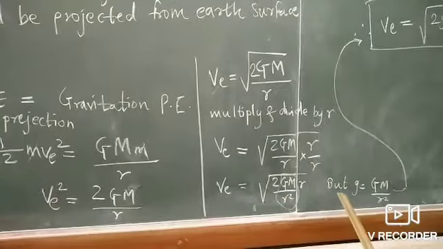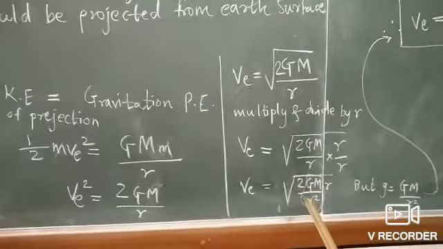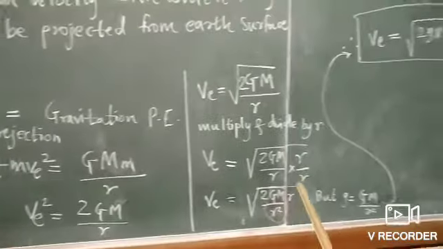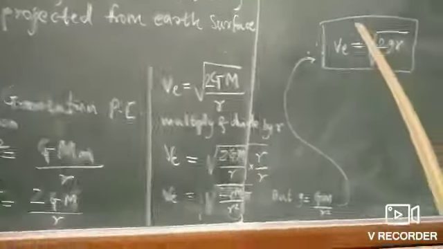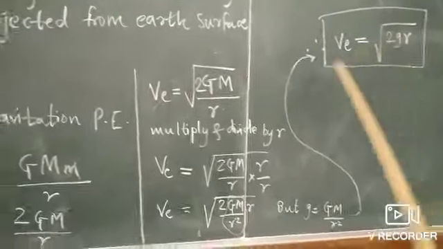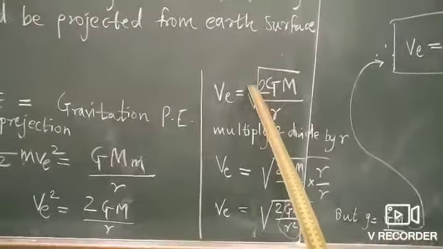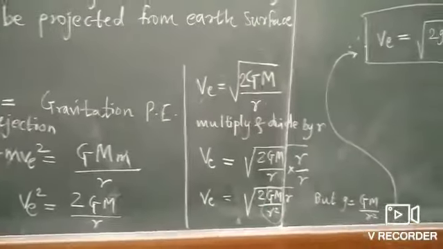But you already know that g equals GM upon r square. So instead of this we write g, and we get v equals root 2gR. So this is the equation for escape velocity: v equals root of 2gR, and we also have one more formula, v equals root of 2GM upon R.